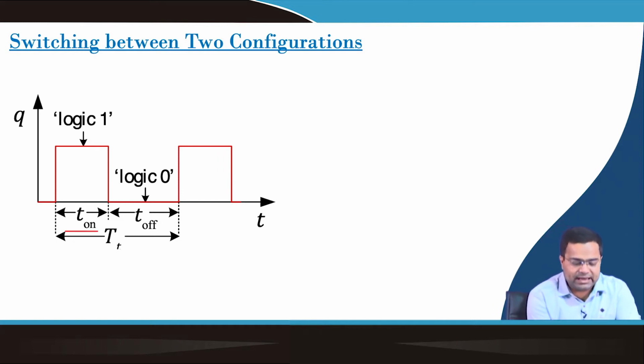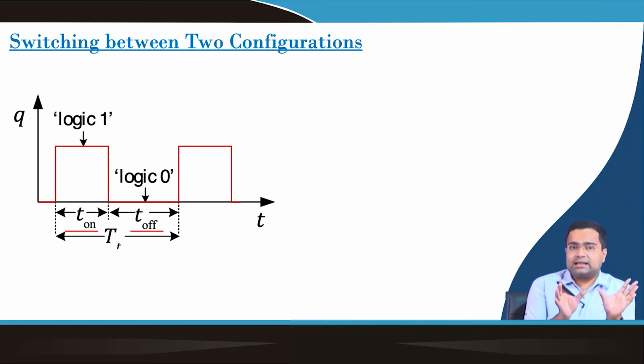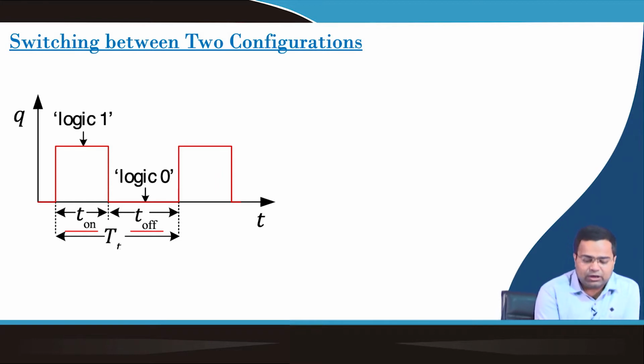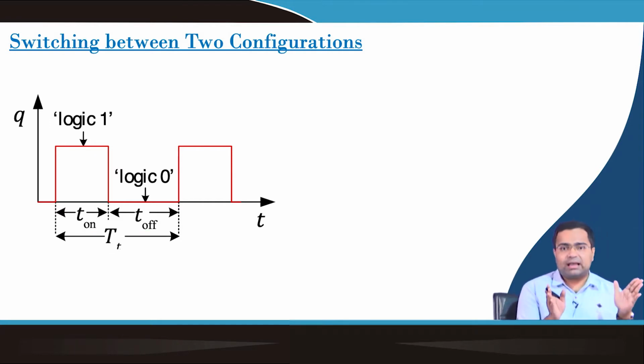Here we are assigning the on time as T on and the off time as T off. It is slightly different from our conventional notation of d times t and 1 minus d times t, and the total time period is t with a small subscript. Why are we writing T on and T off separately from the total time period?